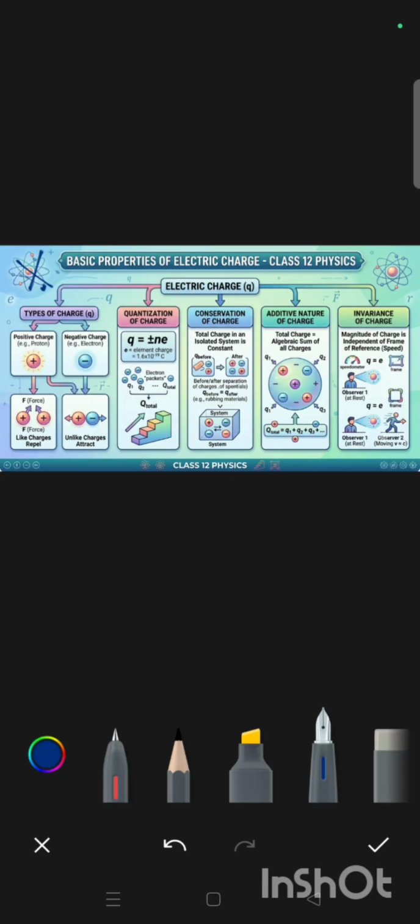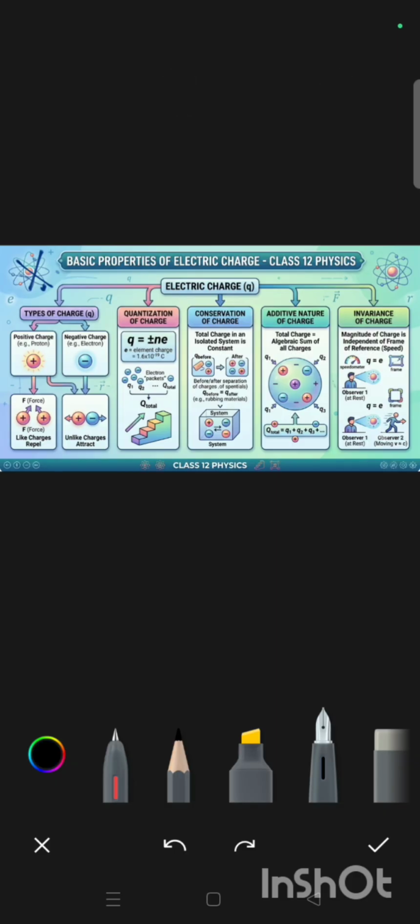So whatever you study, please do understand the core concept of each and every topic. That is what I say always. Now we'll see the basic properties of electric charge, class 12 physics.